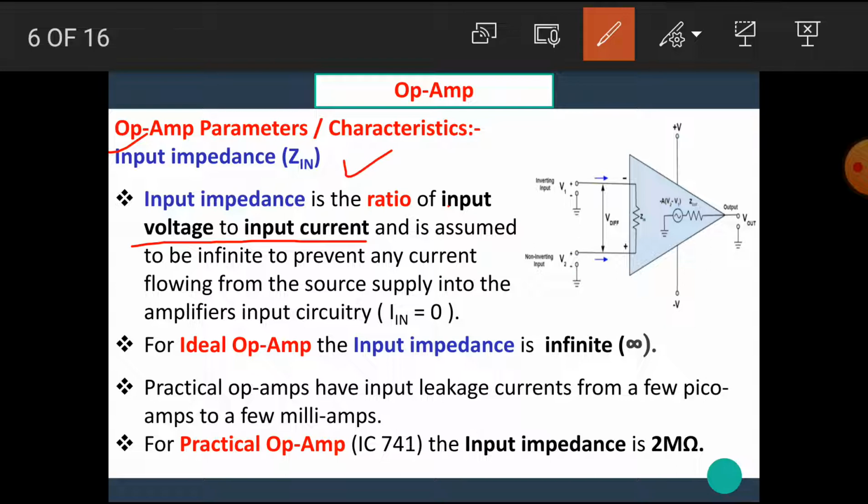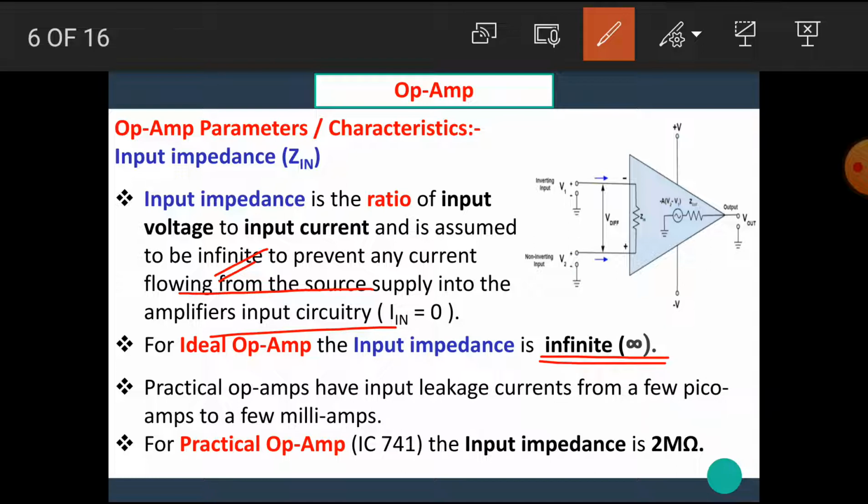It is assumed that the value of input impedance should be infinite, because if this value is infinite, then it prevents any current flowing from the source supply into the amplifier input circuitry. For ideal op amp, the input impedance is infinite.